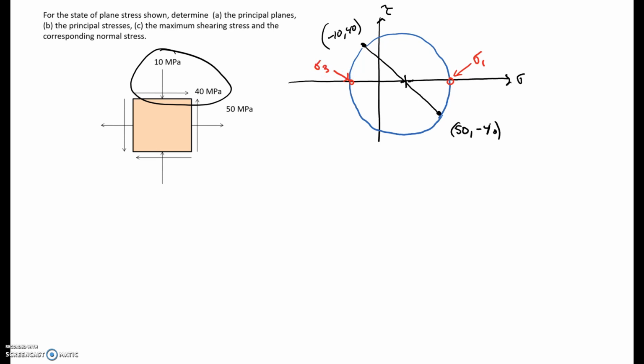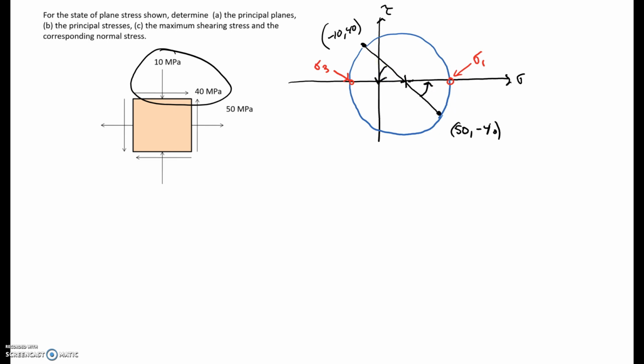It looks like the best way to get there is to take my existing orientation, which is horizontal and vertical sides, and then rotate counterclockwise in order to get to the principal planes.